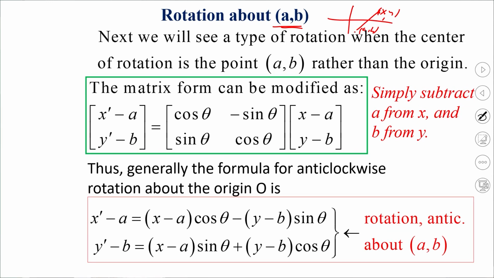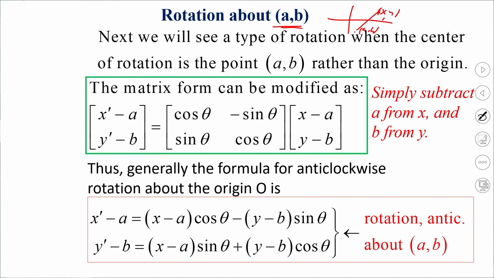There must be a way that we can make the center of our rotation to be any other point. So when that happens, we can rewrite our expression in this way, and I will tell you how this is derived.